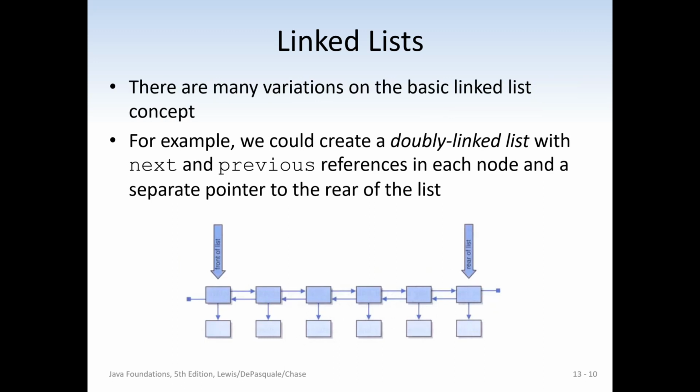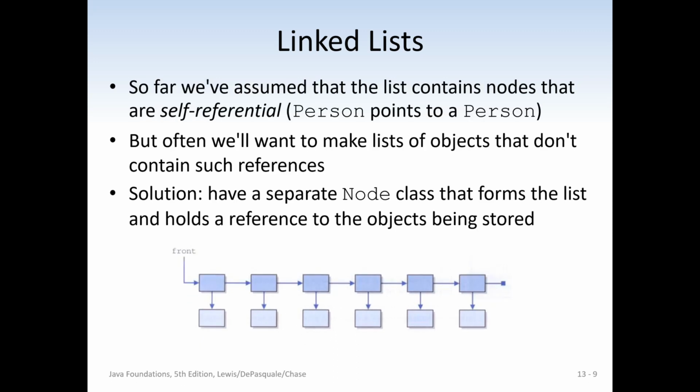To think about how this would work, go back to your generics. We would have a generic, and that generic parameter would be the type of the item we're going to store inside. You'd have a node class, and the node would have a reference to another node, and inside of the node you would have that generic type T. Then when you instantiated that node class, you would declare a certain type.